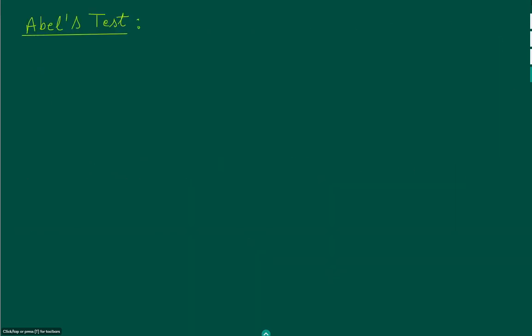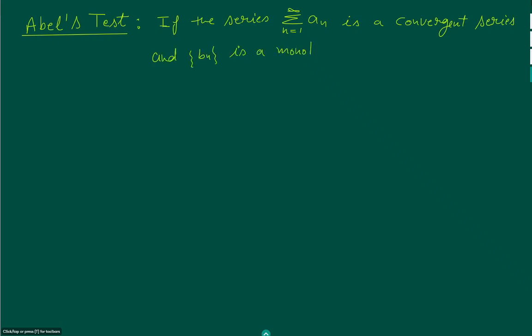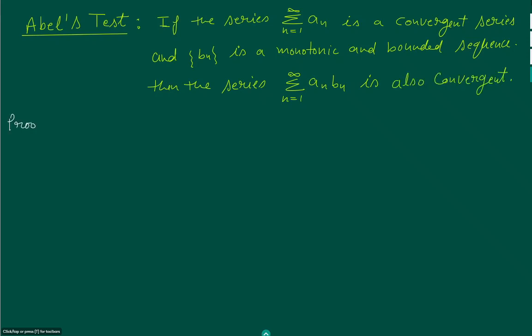Next, we are going to prove Abel's test, using Abel's lemma. Abel's test says that if the series summation An is a convergent series and Bn is a monotonic and bounded sequence, then the series summation AnBn, n varies from 1 to infinity, is also convergent.